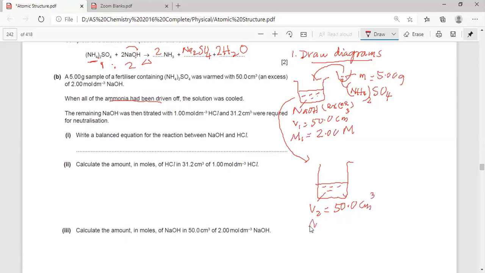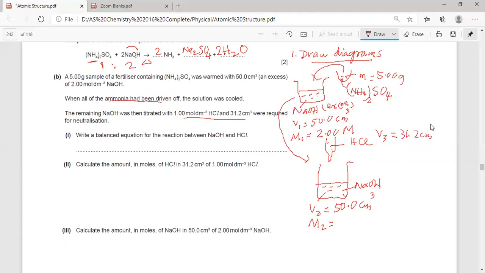The molarity you don't know because it has decreased. This is NaOH. You titrate with HCl. So how much HCl do you use, with the molarity and the volume here? Since V2 is used, you put now V3. How much do you use?